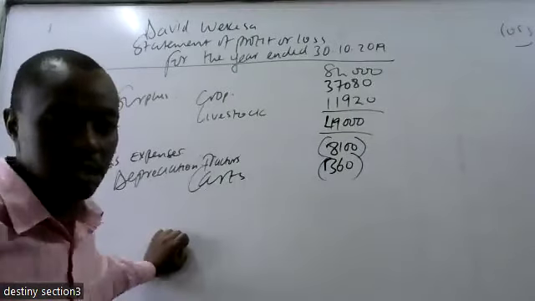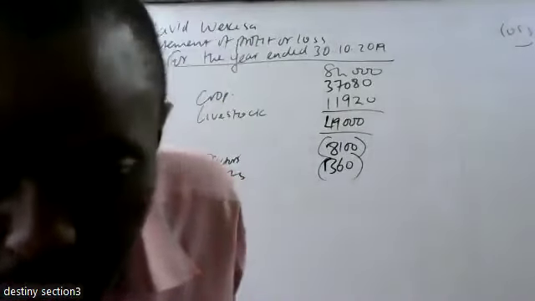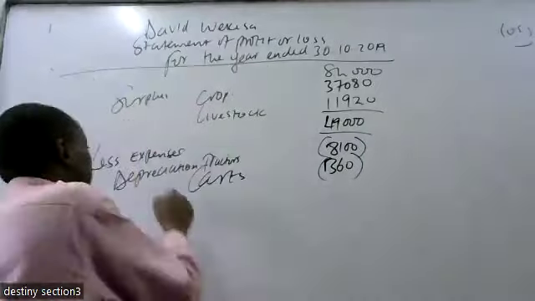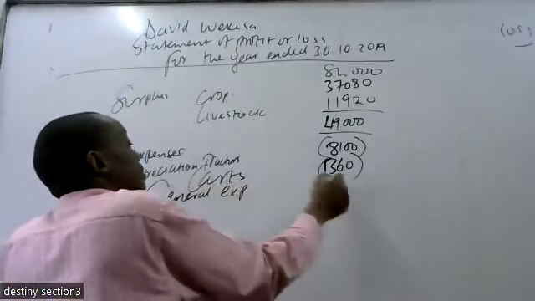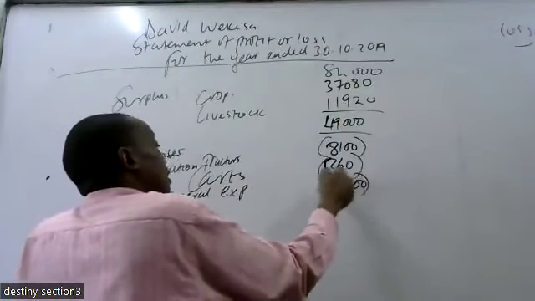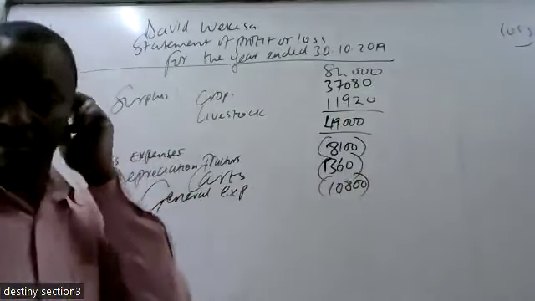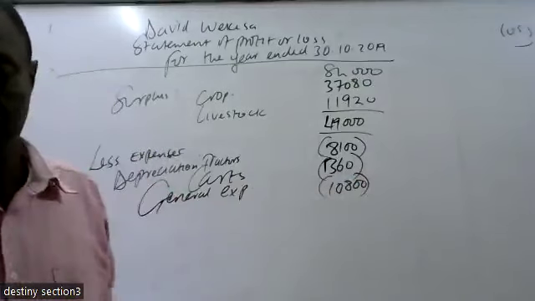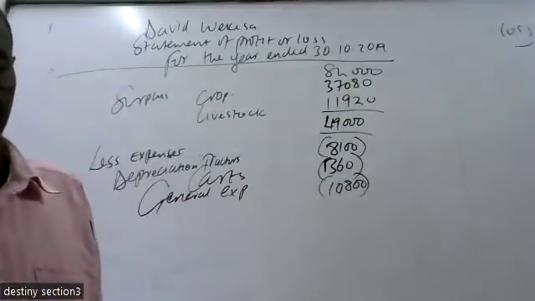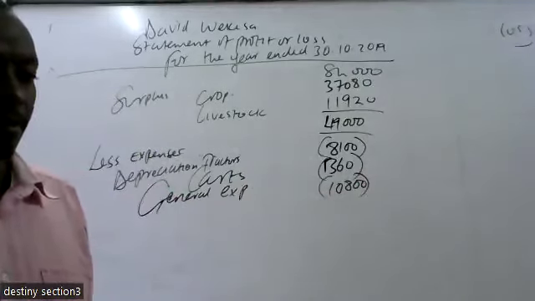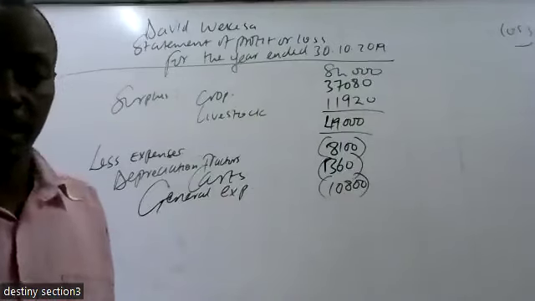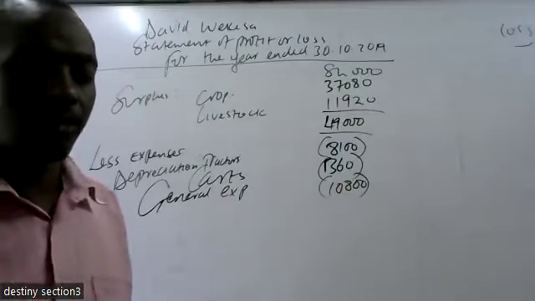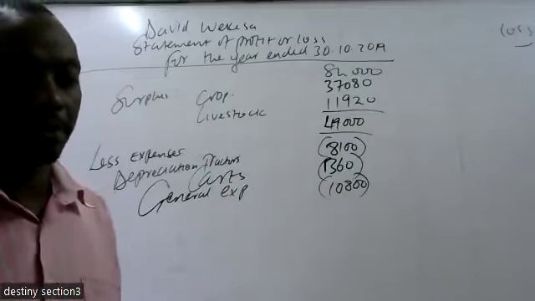General expenses 10,800. Any other expense that can be seen? If none, we just get the profit before tax.